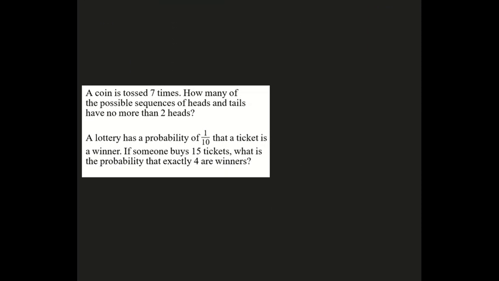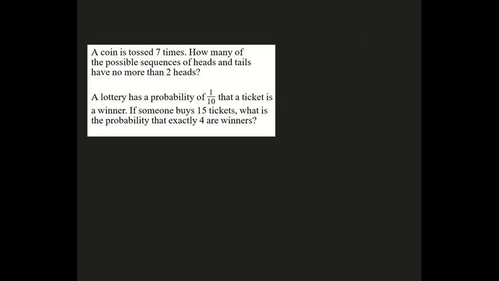I just want to talk about this last one, just because this one's odd because it's some coin flipping. So coins tossed 7 times, sequence of heads and tails have no more than 2 heads. So when we set up our binomial, it's either heads or it's tails.